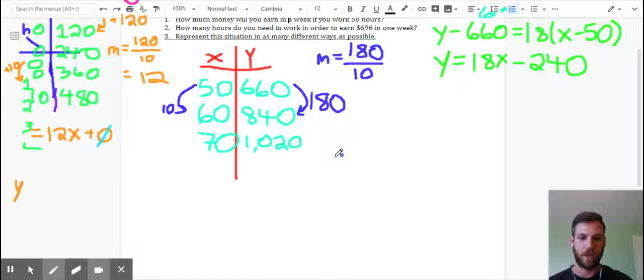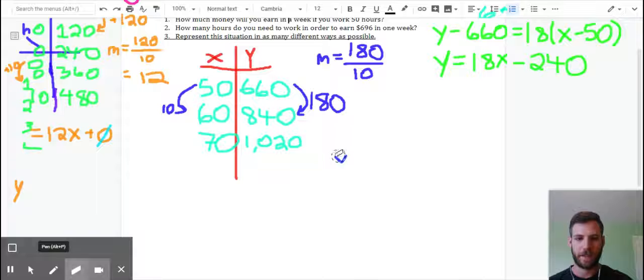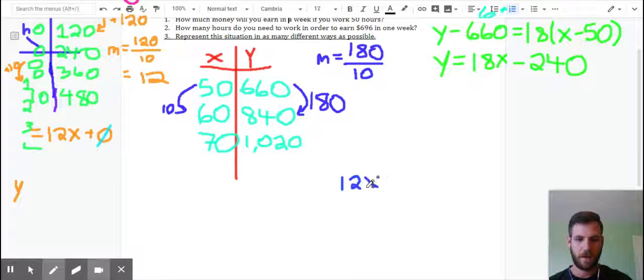So we have one equation that was y equals 12x, and one equation that was 18x minus 240.